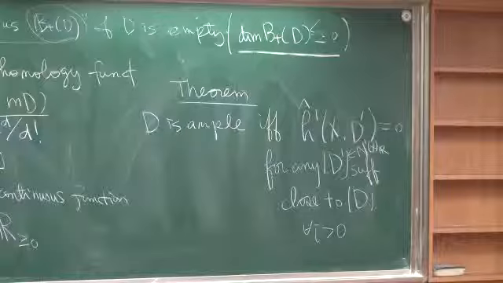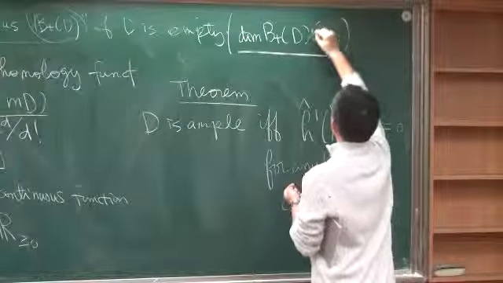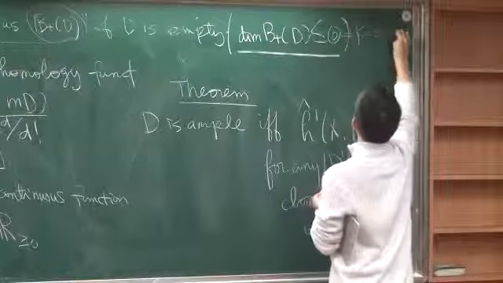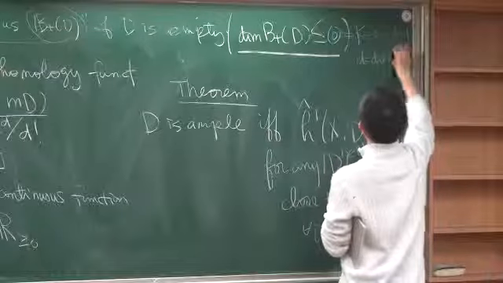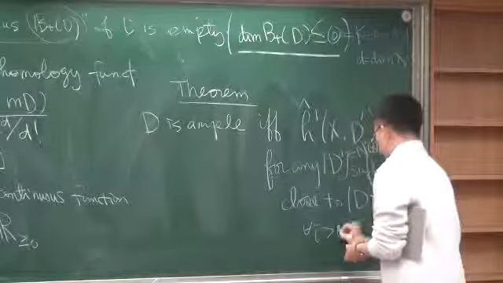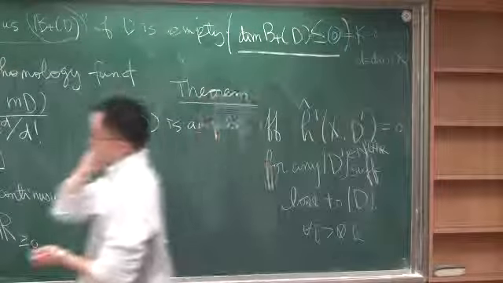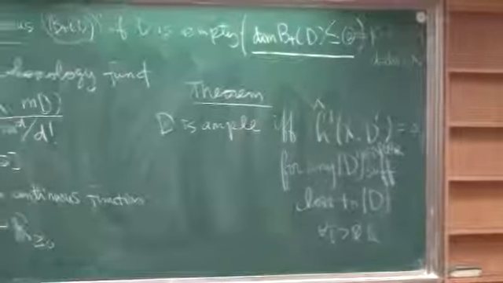As he pointed out, you just need to change this part: this 0 part to k from 0 to d minus 1, where d is the dimension of X. And here you change this to k between 0 and d minus 1, and here again. This way you have three generalizations of the ample divisors.